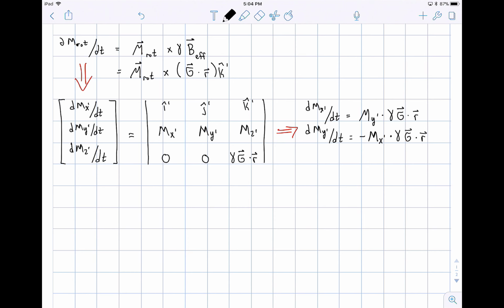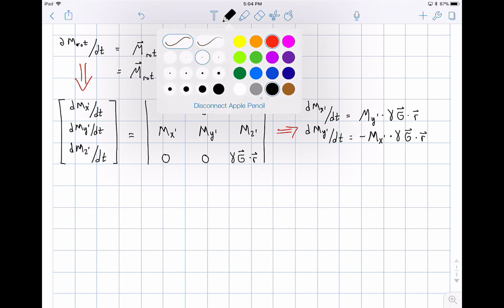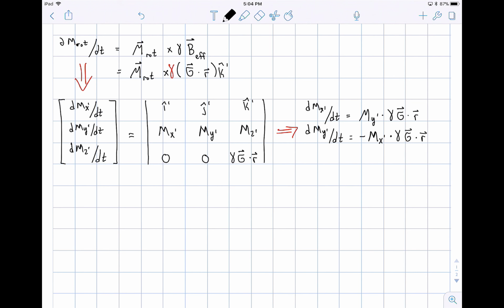We have coupling between the x and y components of the magnetization. Yep. Did the gamma fall out in the second? It wasn't supposed to. They don't just disappear, right? Thank you. So there's a gamma there. I do appreciate you pointing it out. Too many mistakes. Okay, and then the last thing to write out is dMz'/dt. If you carry out the cross product, then you just get zero.